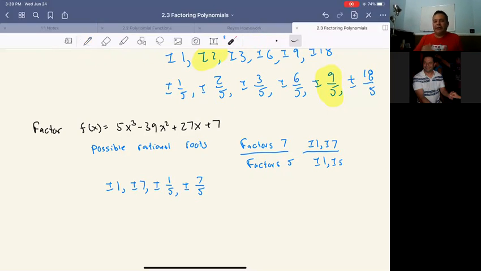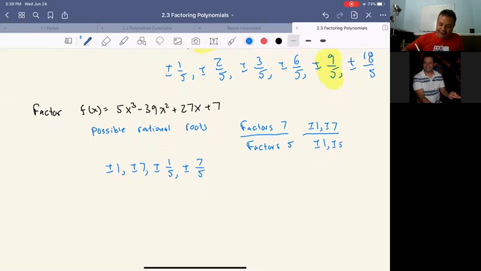Let's check 1 and let's pray that it works. Okay, so 5 minus 39 is negative 34. Plus 27 is negative 7. Plus 7 is 0. So 1 is actually a factor here. Oh, I like that.